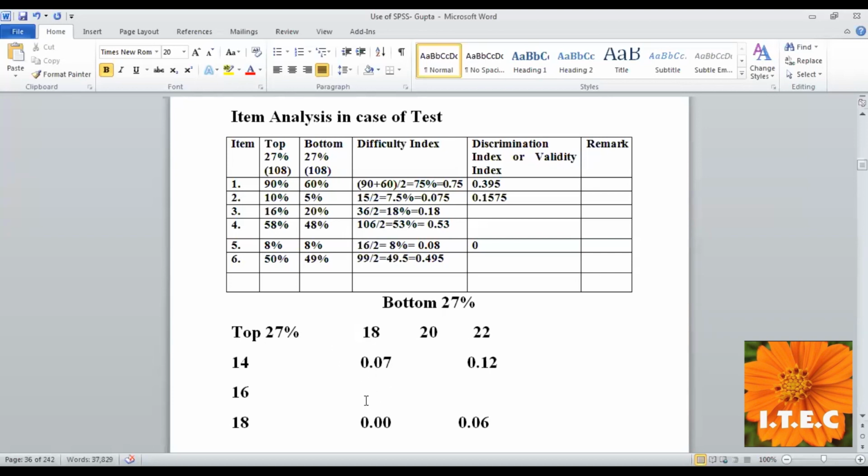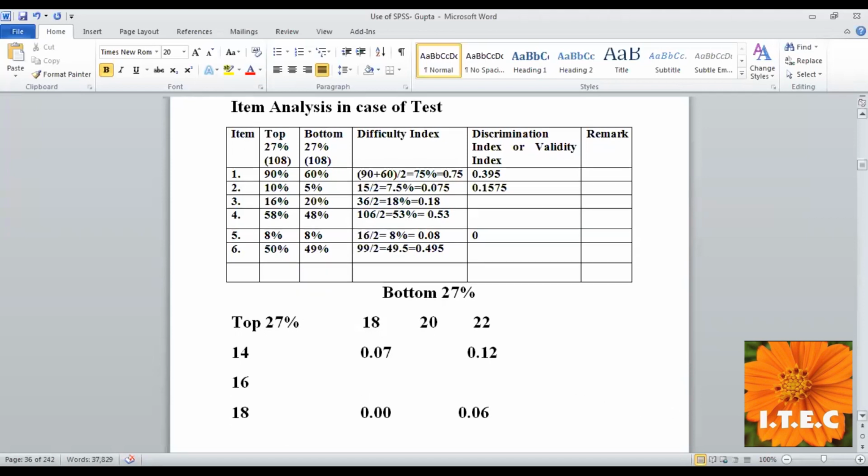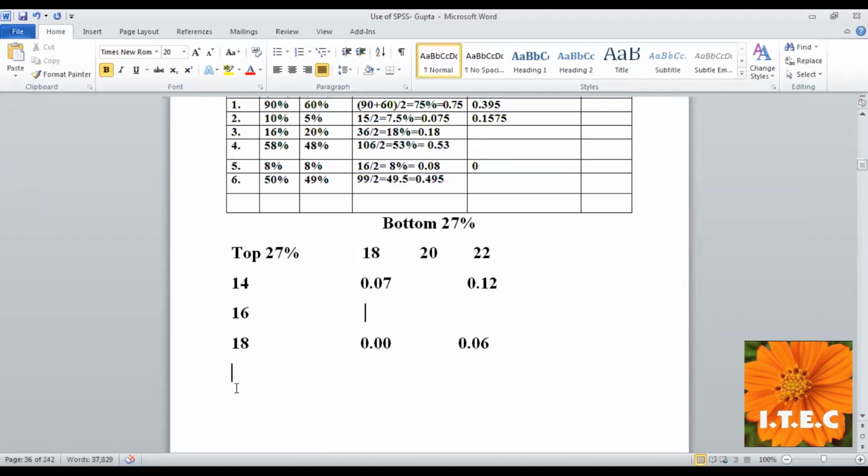So therefore, the value here will be that when the difference is 4, then the difference between this is 0.07. And when the difference is 1, then it is 0.07 divided by 4. And when the difference is 2, then you multiply it by 2.